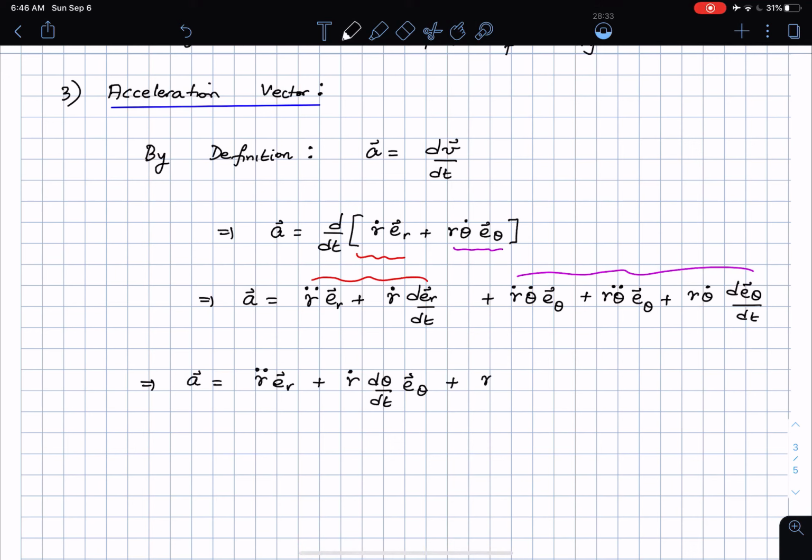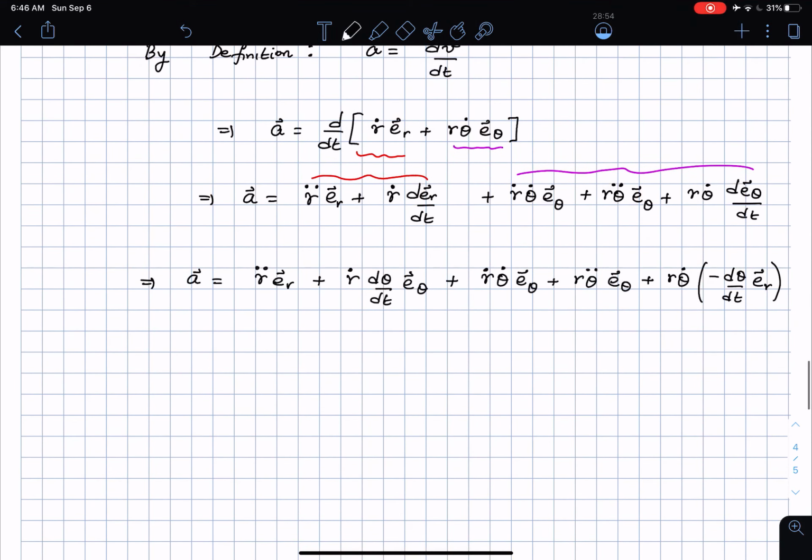Then I'm going to have r dot theta dot e theta, r theta double dot e theta, and then r theta dot times minus d theta by dt in the er direction.